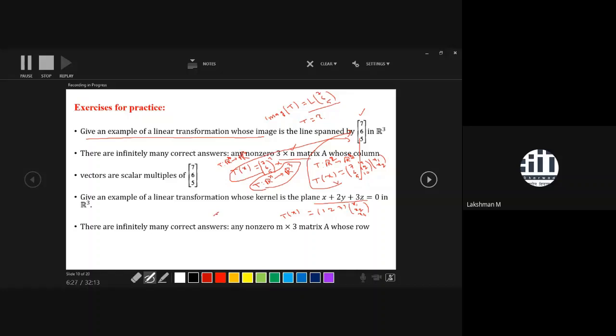So that's why your transformation is defined this way: R3 to Rn. n may be 1, 2, or 3, depending upon your choice. So this would be your desired transformation, whose null space is already given here.